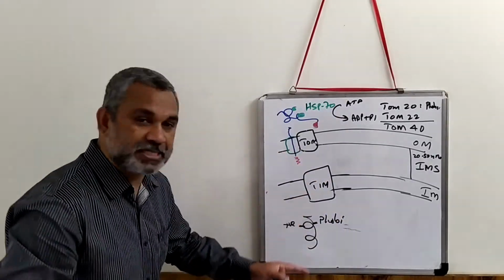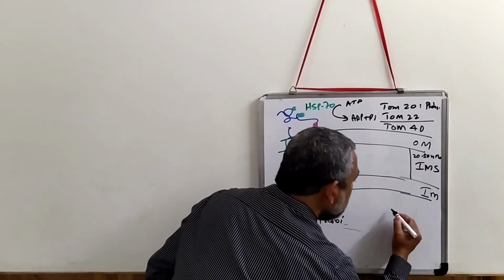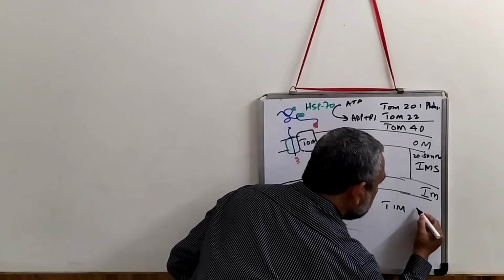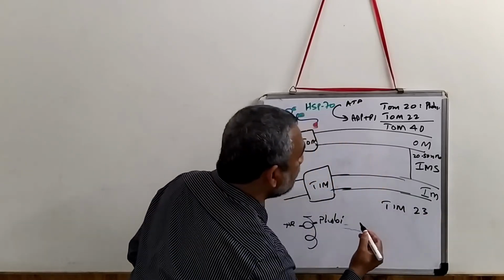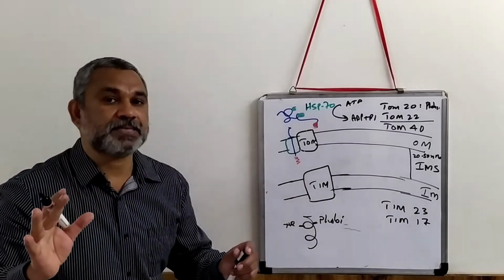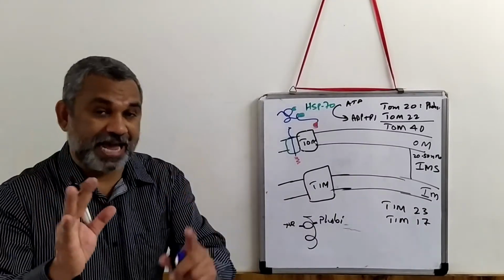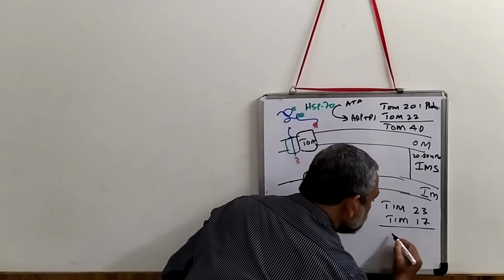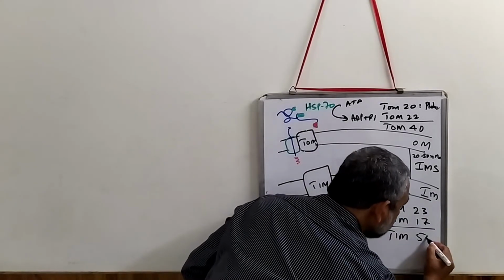This complex has, especially, TIM 23 and TIM 17, which become a channel. Then you also have TIM 50.